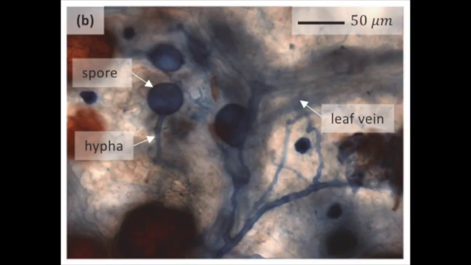So I got an undergraduate student who was interested, who went out and just took some leaf litter and started looking and said, yeah, there are structures that look like arbuscular mycorrhizal fungi. So let's see if we can do this in a little more robust way. So he went out and put out some leaf litter bags, and we did find colonization just using microscopic methods, which is a little difficult to prove because it's really hard to morphologically identify AM fungi separate from other types of fungi, especially when you're not in roots.